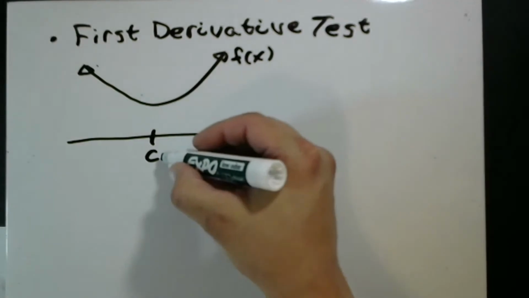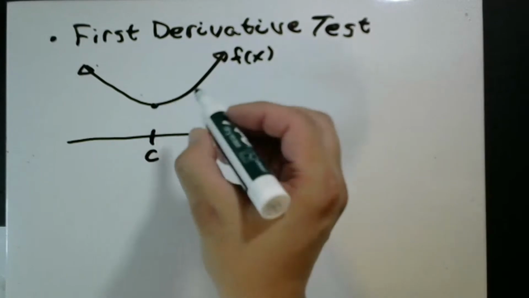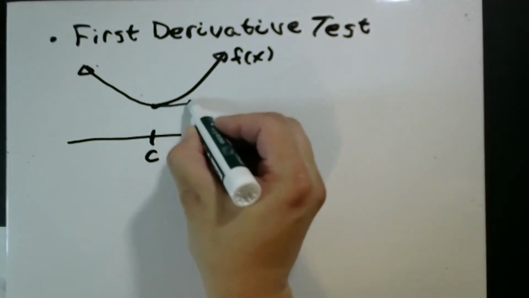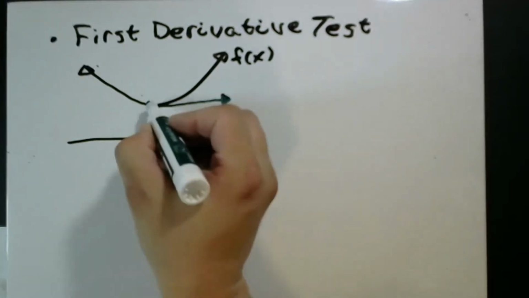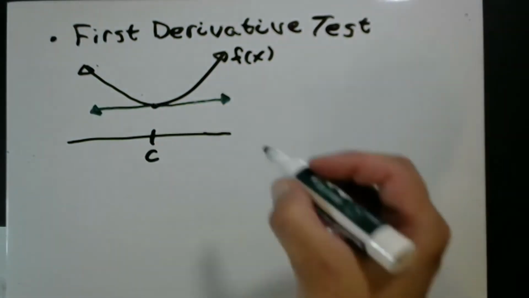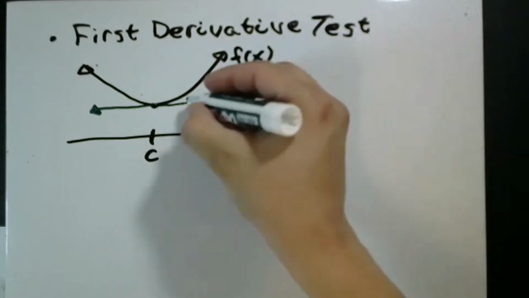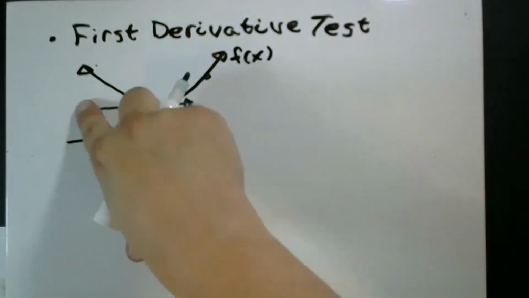So this could be like -1 or 1 here. Well, at this point, we could have the bottom of a trough.